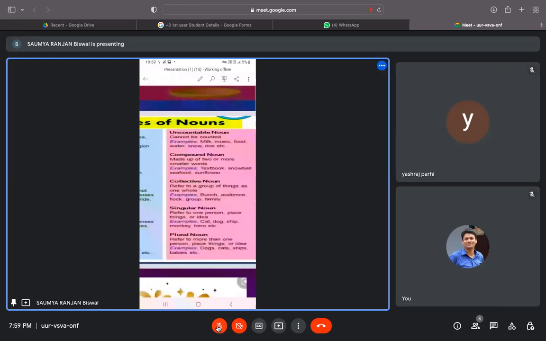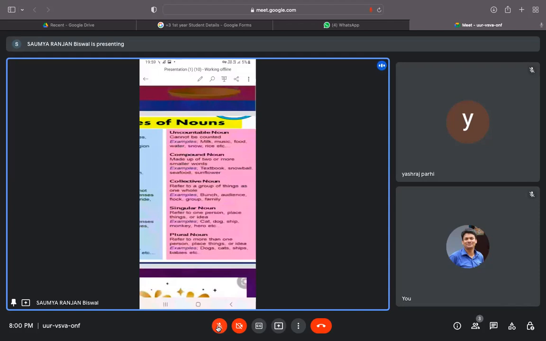It means two words that are attached. Suppose text is a word, and if we add book to it, we get textbook. Or you can say seafood. Sea means ocean, and if we add food, we get seafood. So this is called compound noun.